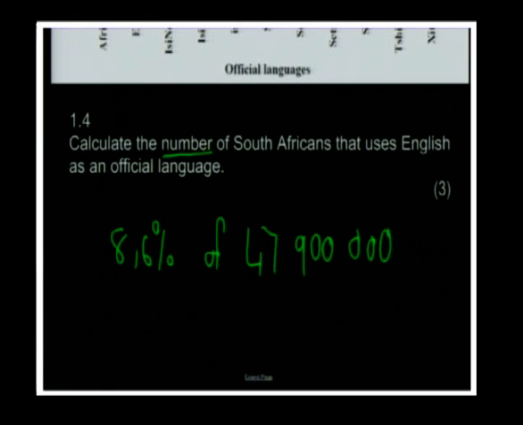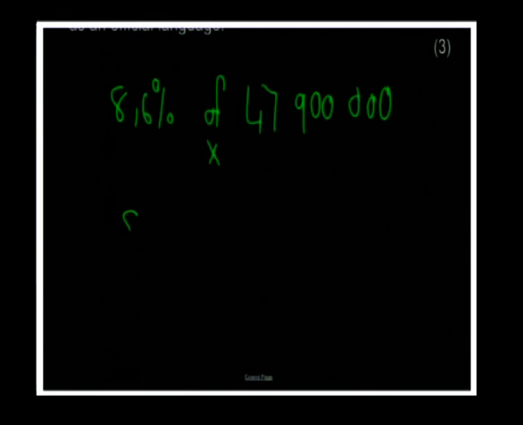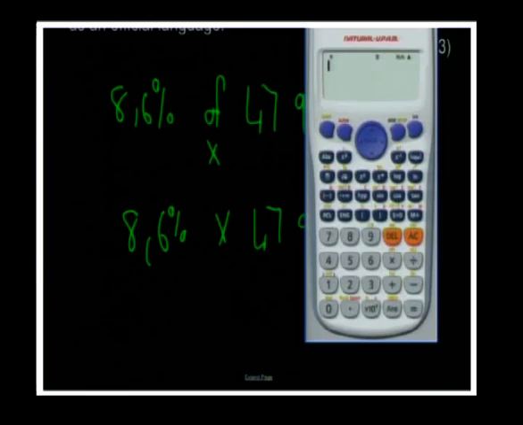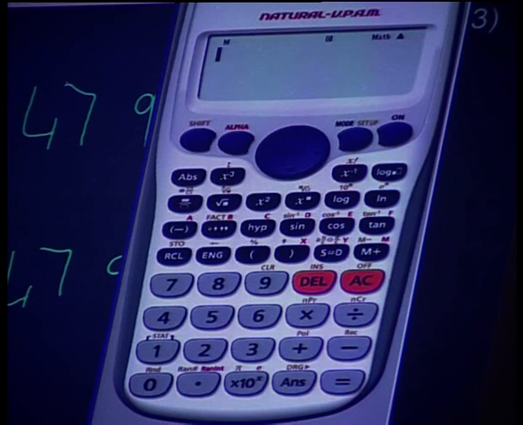And to calculate that, remember, if we're saying 8.6% of, we're actually asking for a multiplication sum. So we're going to do a simple multiplication and say 8.6% times 47,900,000. And for this, I'm going to use my calculator because it's far too big a number to actually work out in our heads.